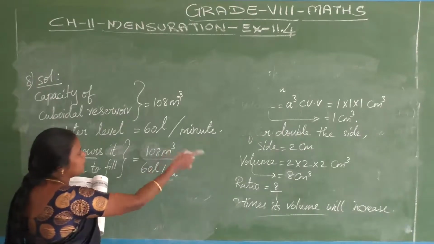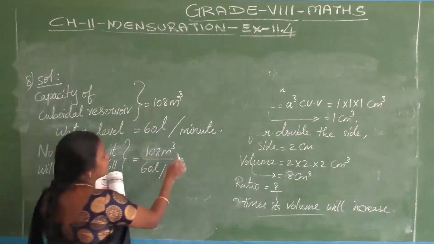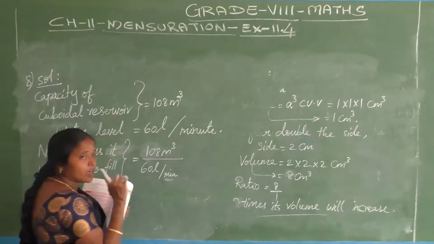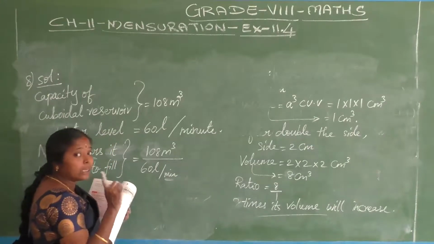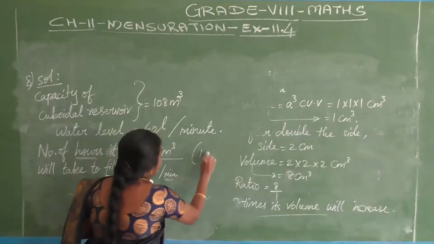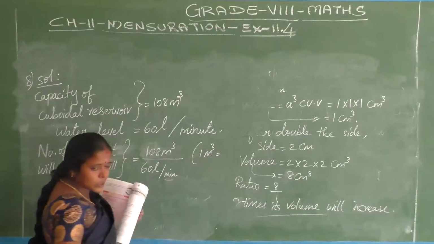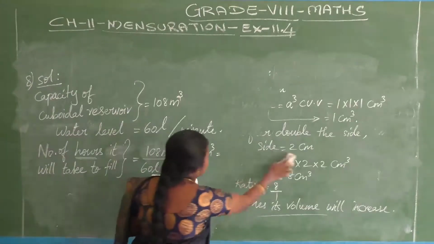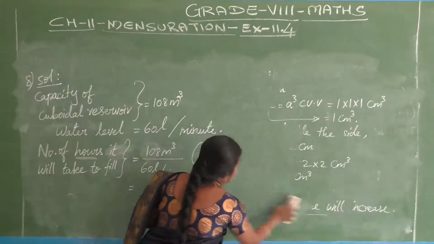What is the link between meter cube and liter? Already I told you, 1 meter cube equals 1000 liters. So this small conversion work has to be carried out properly.